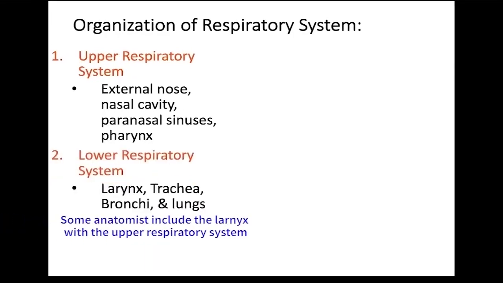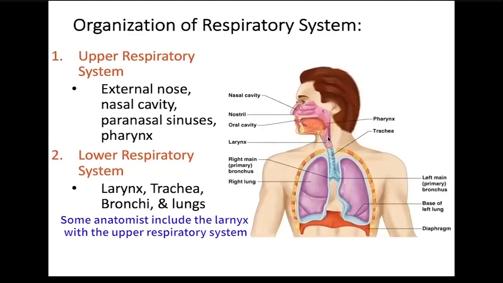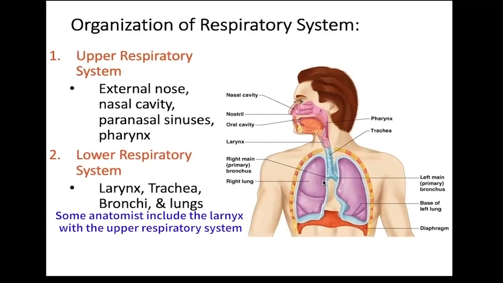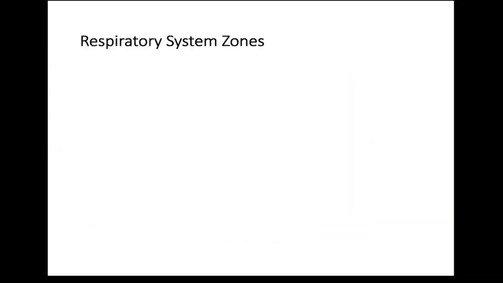The lower respiratory system includes everything inferior or below the pharynx, beginning with the larynx, moving to the trachea, the bronchi, and the lungs. So this will be the boundary here. Upper respiratory will be all of this. Lower respiratory will include all of this.